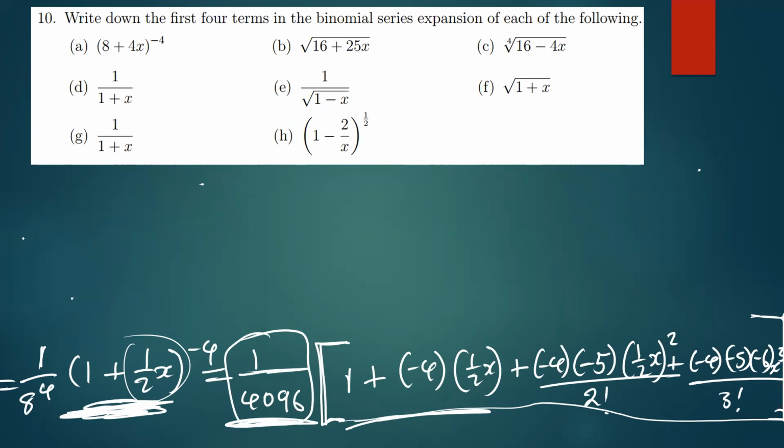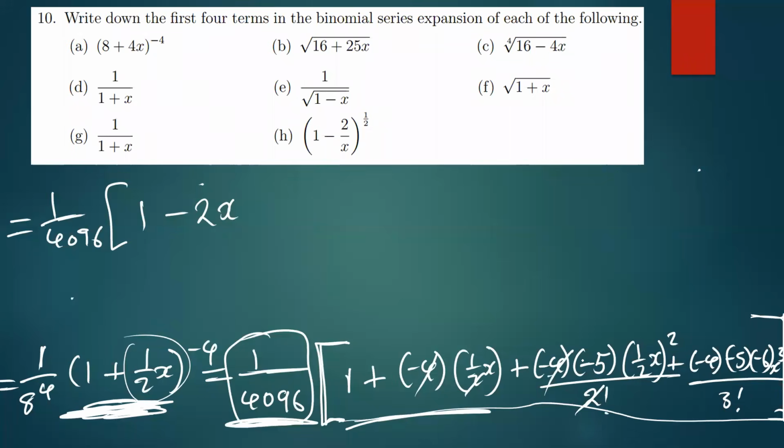So simplifying this, we're going to have 1 over 4096 multiplying by, the first term is 1, the second term will be, that 2 cancels with 1/2 there, so that we have negative 2x. Then the third term, these 2 and 1/2 there will cancel.